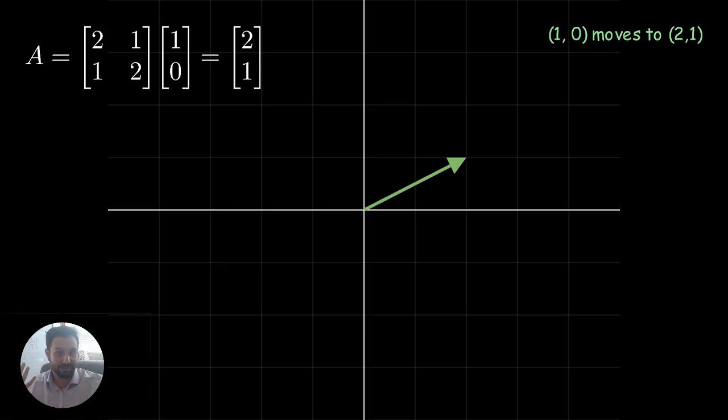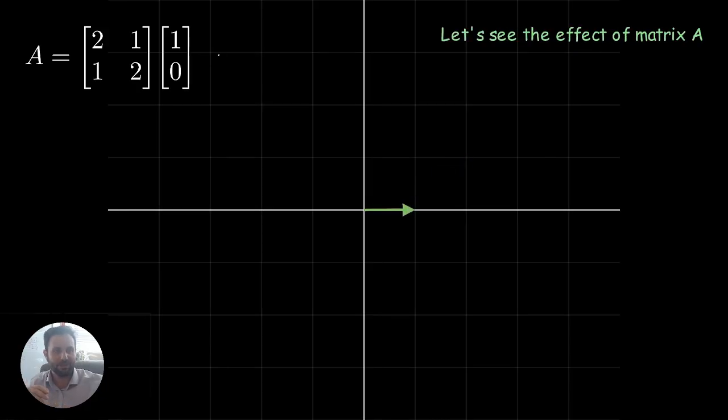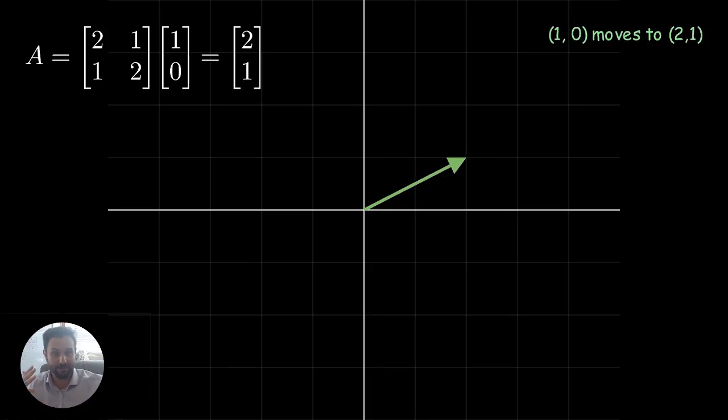And the second row, 1 2, I take the inner product with 1 0. The second one, multiplication with 0, disappears. So 1 times 1 plus 0 times 2 gives 1. So 1 0, you see this green goes to 2 1, right?